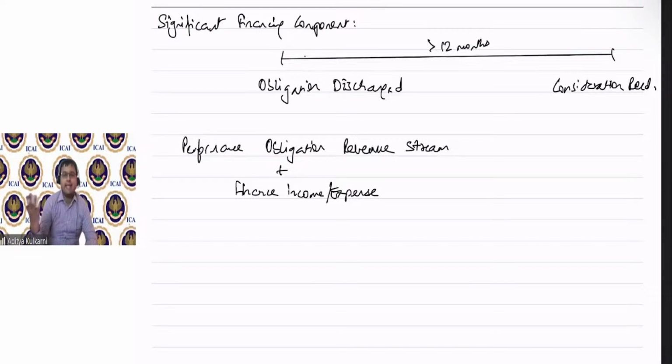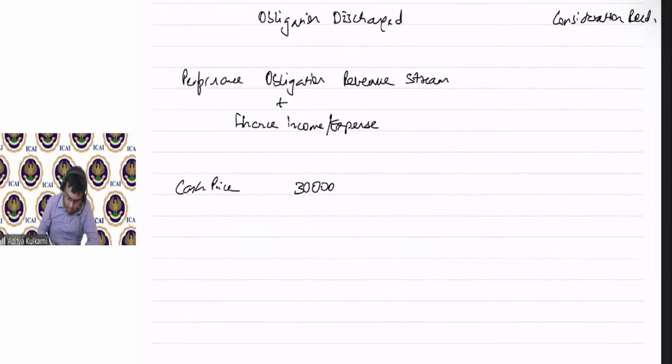Now let us take a scenario of cash price 30,000. A 2-year credit facility is given, and the selling price becomes 36,000. You buy now, pay after 2 years.